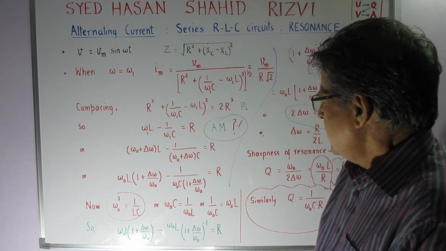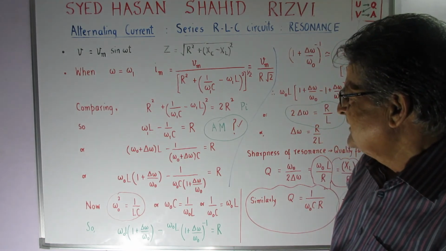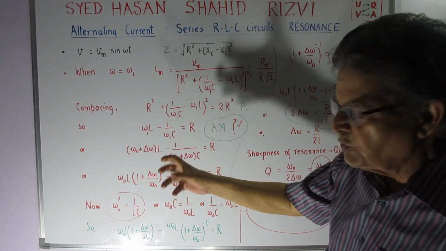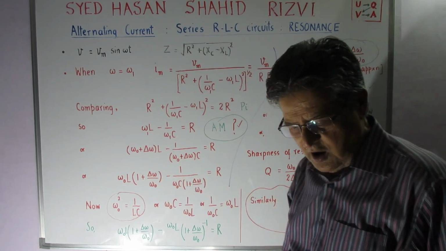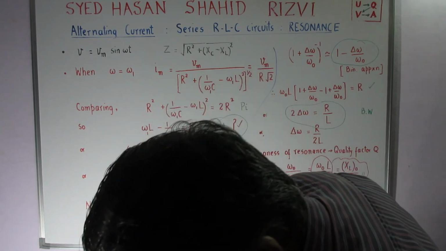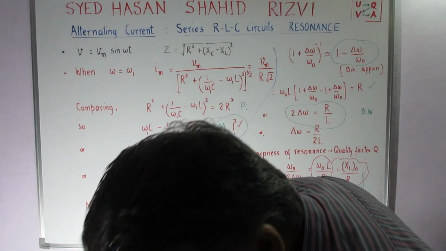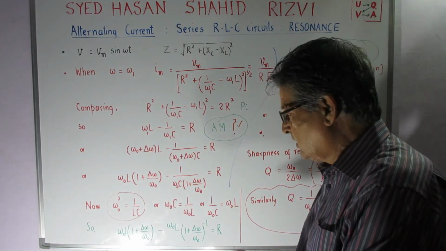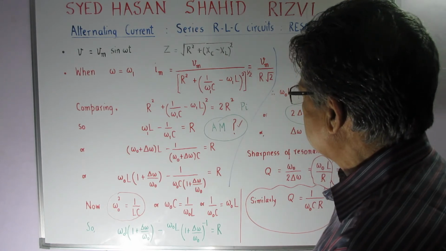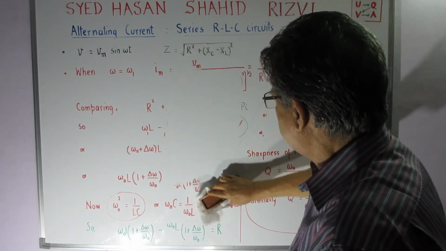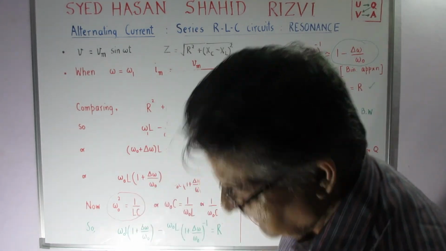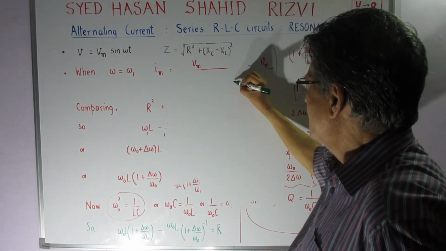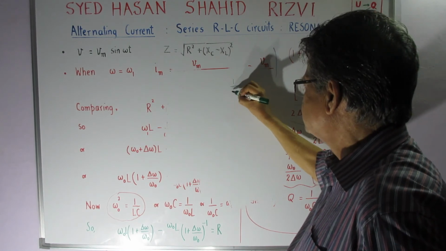There we had to tune in, and the tuning was done naturally, because this frequency omega naught or nu naught is obtained as the square root of 1 upon LC.